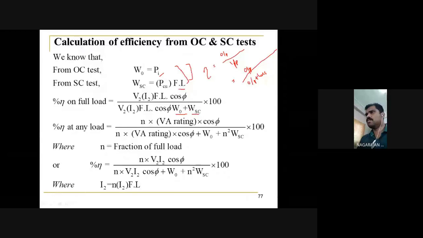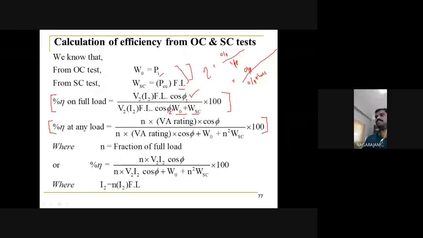This is the output power equation, V2 I2 cos phi 2, and the input is V2 I2 cos phi 2 plus W0 plus WSC. So this is the efficiency of a transformer that we find using open circuit and short circuit tests under full load condition.